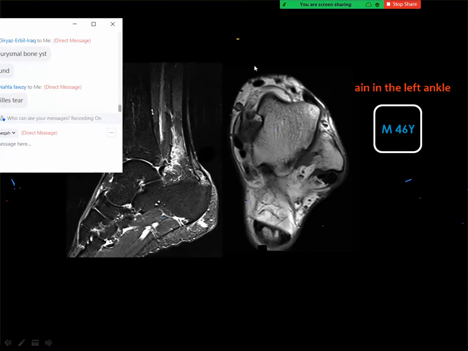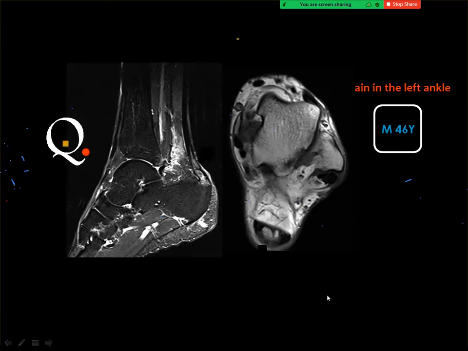Well, its name is not Holland, but Haglund syndrome, if you want to say that. And this is not a torn Achilles tendon. If you look carefully in the axial images, you can see some abnormalities inside the substance of the tendon, which is almost intact. Then, if you got abnormal signal, yes, this is tendinosis. I agree, and this is Achilles tendinosis.